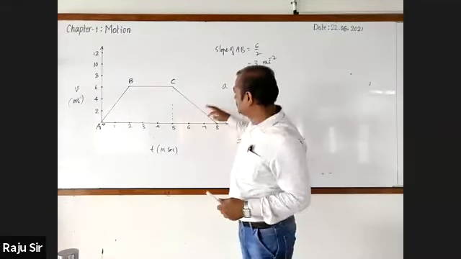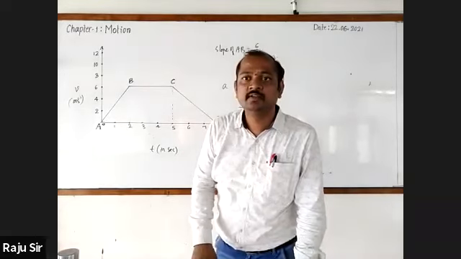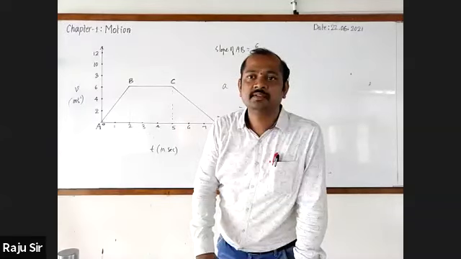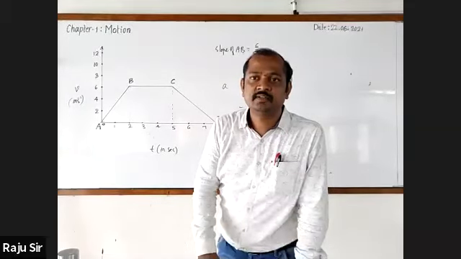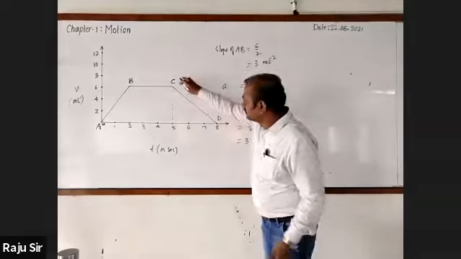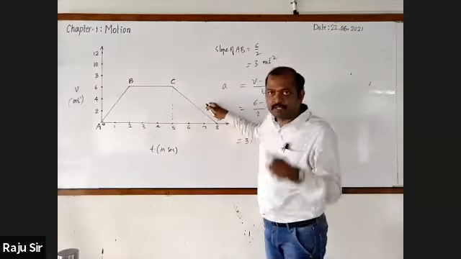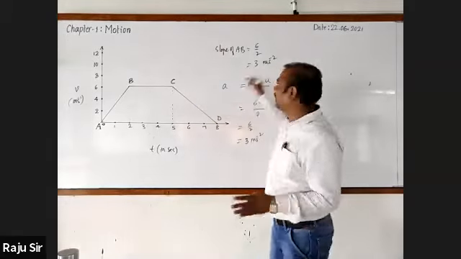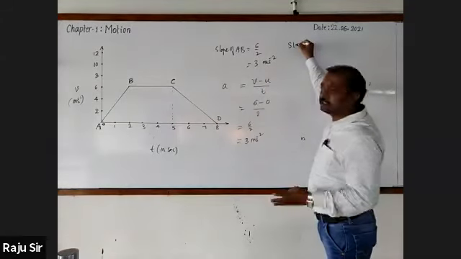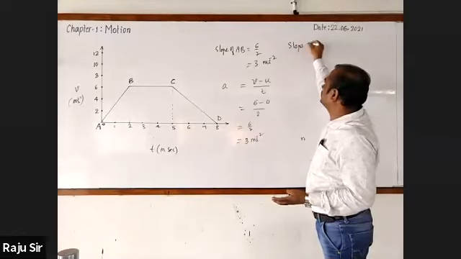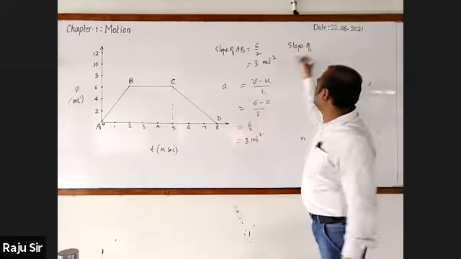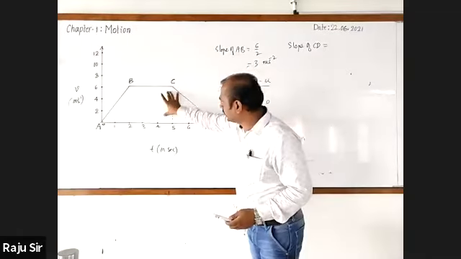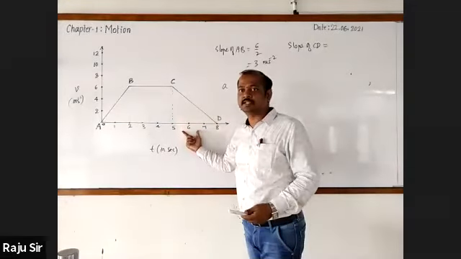Slope of CD. Sit properly. Okay. CD represents uniform deceleration. We all know that slope of VT graph is acceleration. Here, slope of CD is vertical distance by horizontal distance.